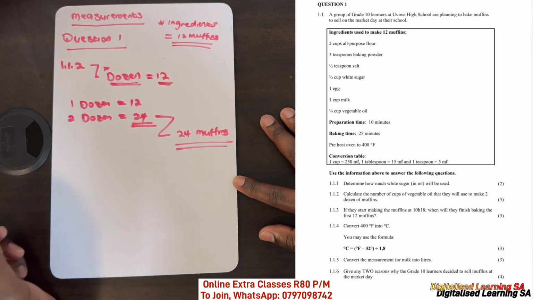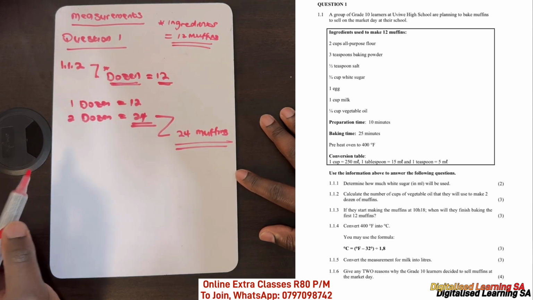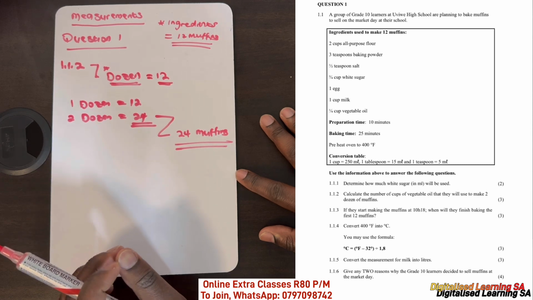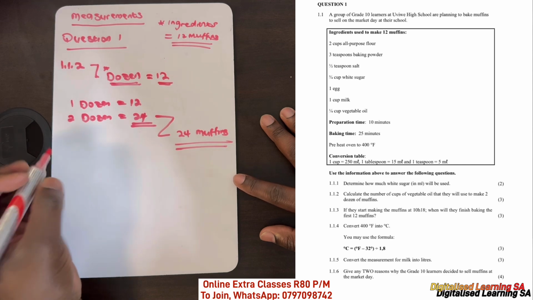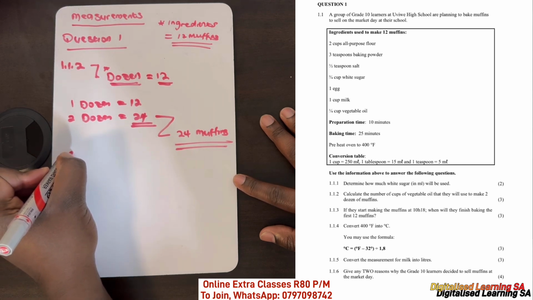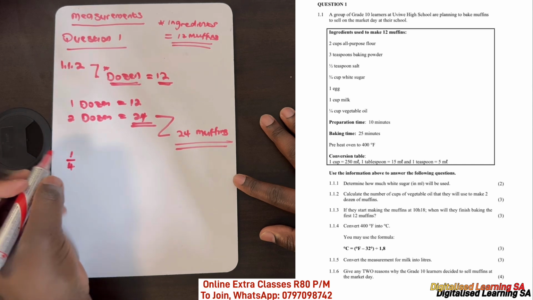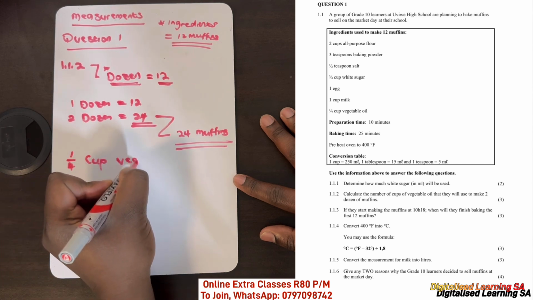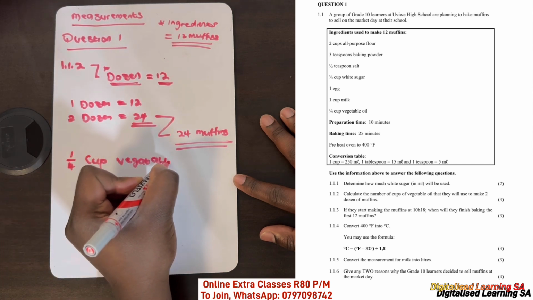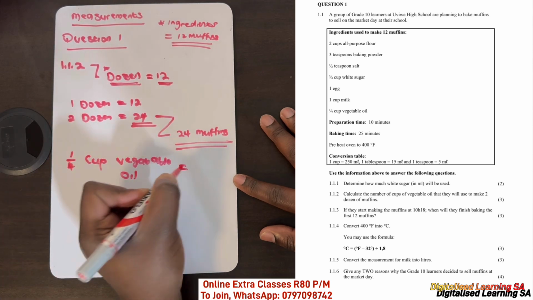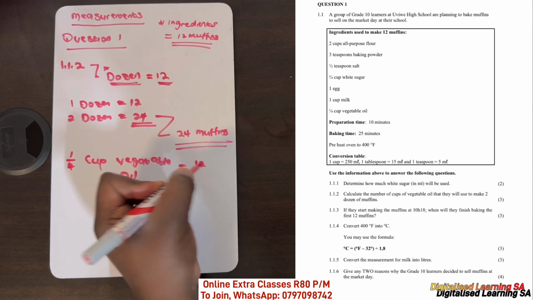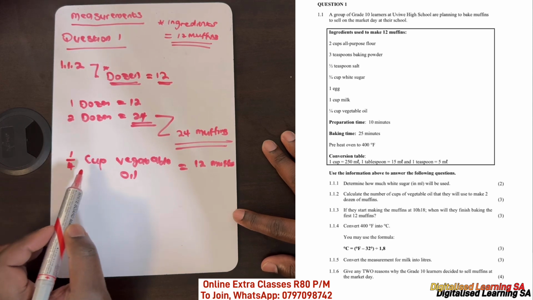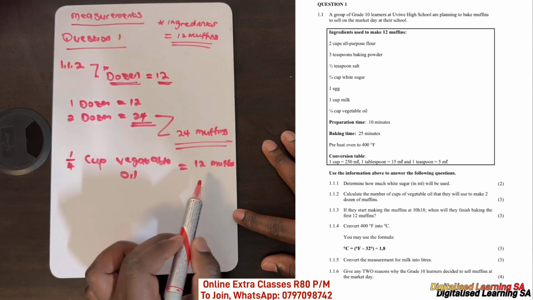So for us to calculate the cups of vegetable oil used to make 2 dozen muffins, we take 1 over 4, because we are told that 1 over 4 cup of vegetable oil is part of the ingredients that make 12 muffins.